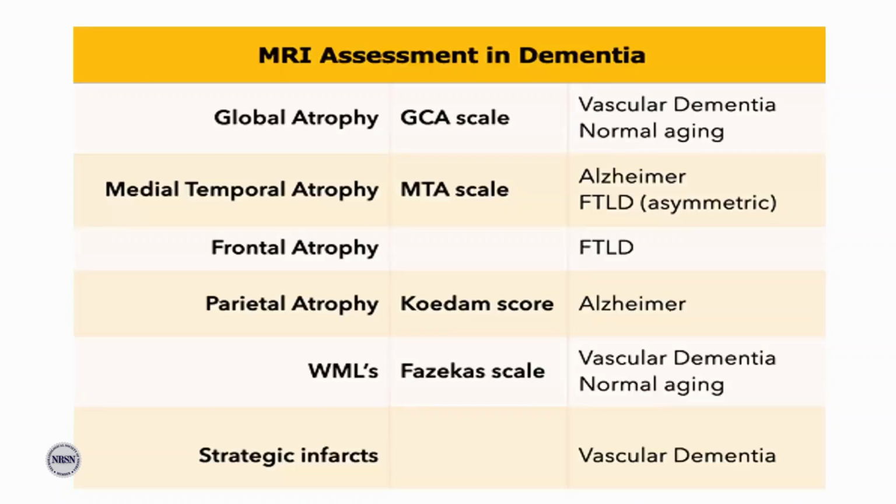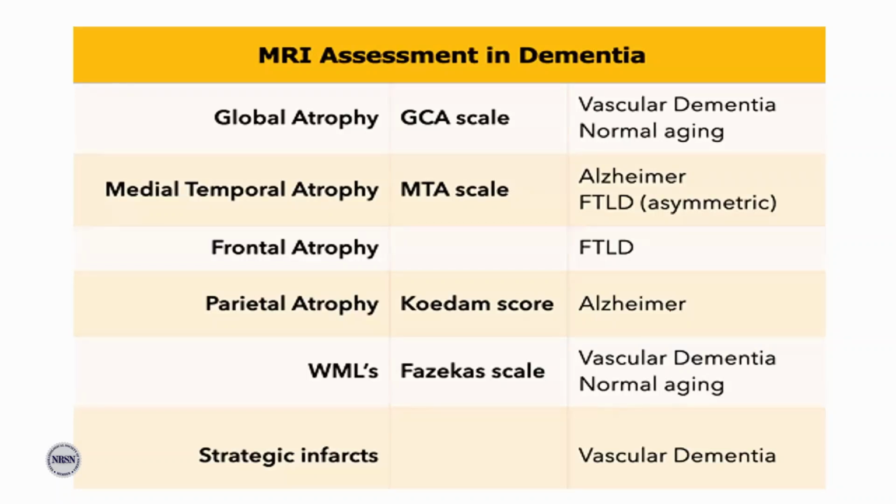Now, MRI assessment in dementia. For global atrophy, we try to rule out dementia, vascular dementia, or normal aging. For the MTA scale, we would want to rule out Alzheimer's or frontotemporal lobar dementia.